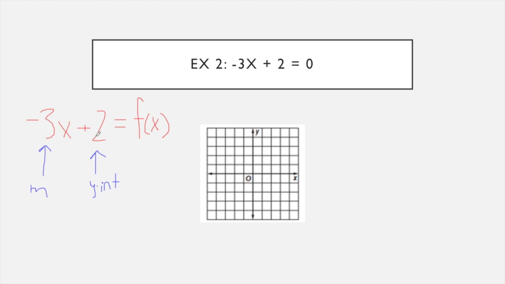So it has a y-intercept of 2, so that tells me to go 1, 2. And it has a slope of a negative 3. So from here, I can go down 1, 2, 3, and over 1. So my line will go through these points. And now if I draw my line through the graph, it's going to look something like this.